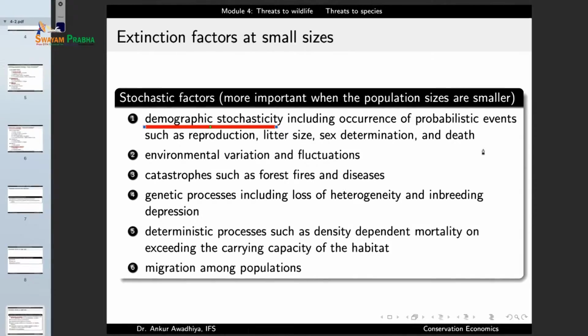Now, what do we mean by demographic stochasticity? Suppose you have a large size population, suppose you have 1000 individuals, and in this population, you have 500 new young ones that have been born in this particular year. Now, generally, the sex ratio is close to 1 is to 1.